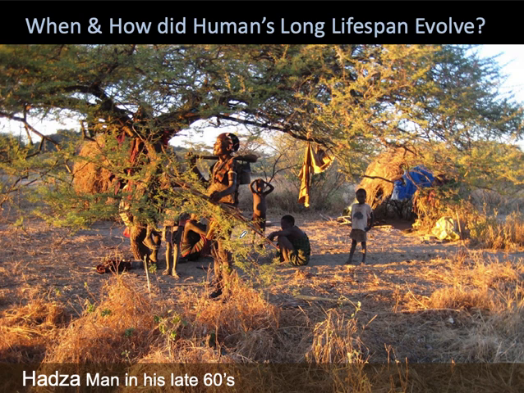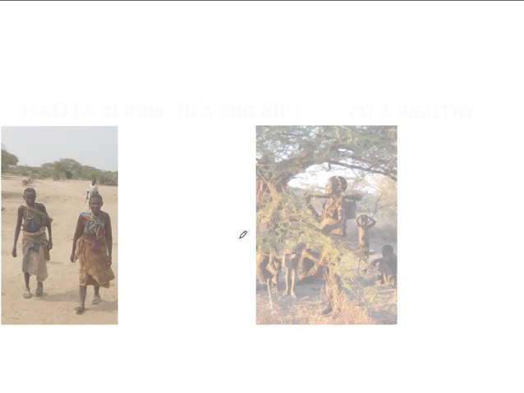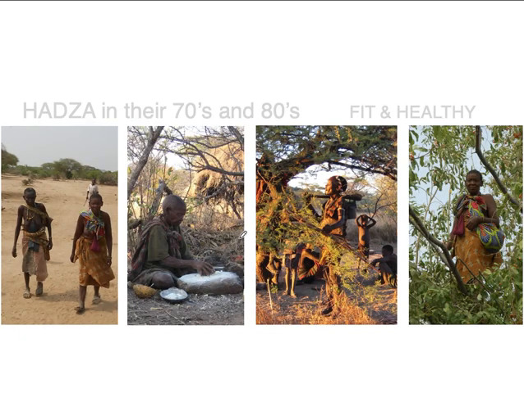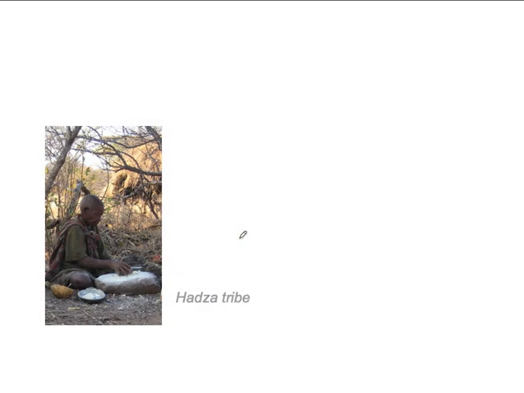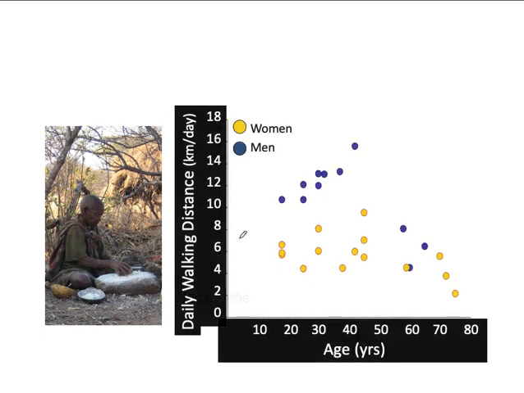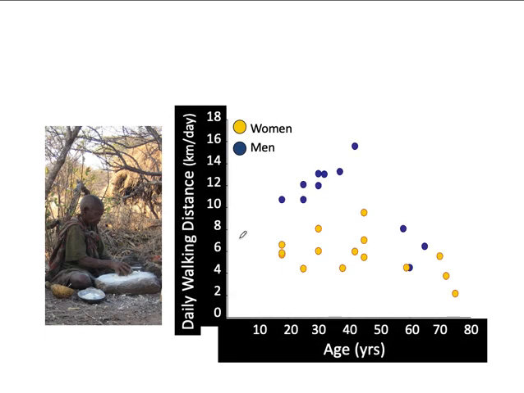And many individuals of this Hadza population live to be active in their 70s and 80s, right? They live to be fit and healthy. And that's probably related to the fact that this population experiences a high degree of physical activity.